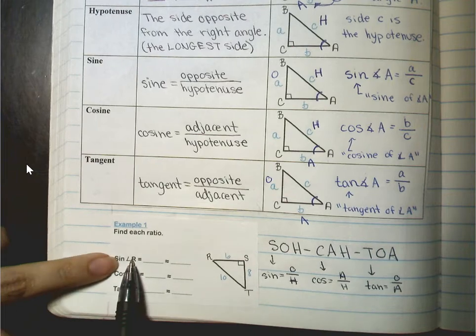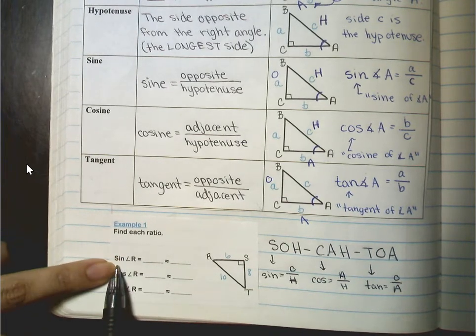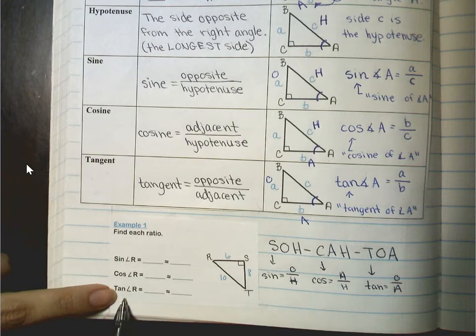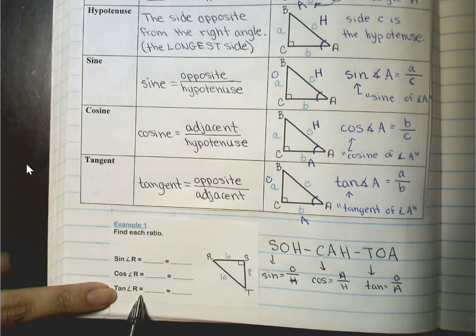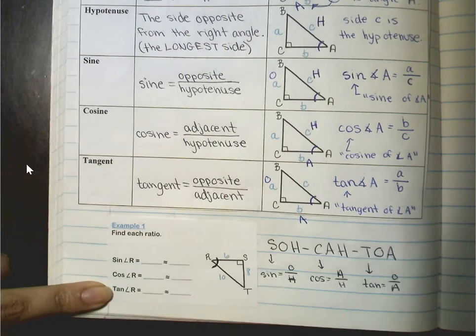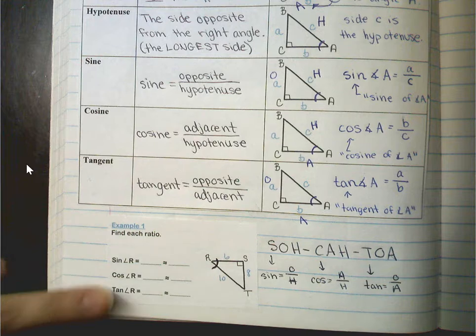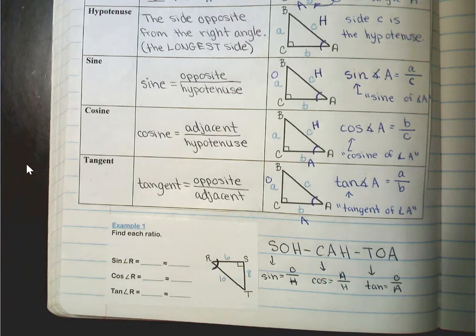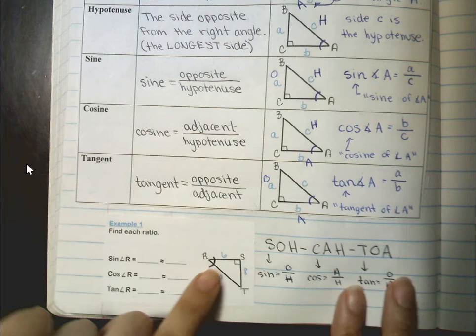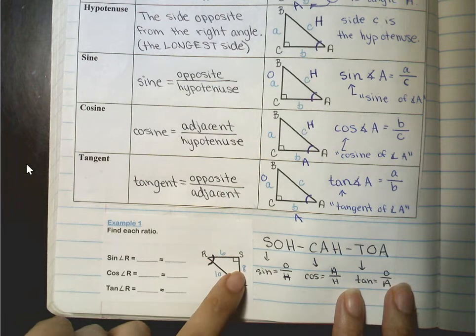So here, for example 1, we're working with angle R. They're asking me for the sine, the cosine, and the tangent of angle R. So I'm going to label angle R, and I mark it just like that to show that's the angle I'm working with. Based on that angle, I am going to label the opposite, the adjacent, and the hypotenuse. Opposite from angle R, across from angle R, there's an 8.